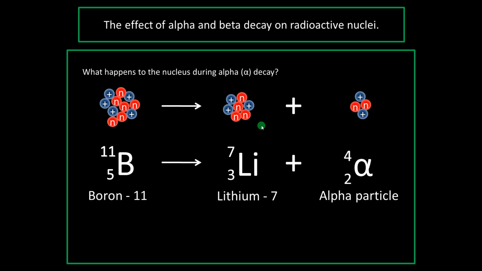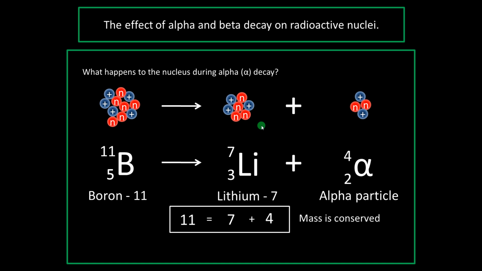And again, it's a bit like in chemistry when you're balancing equations, you've got to make sure that things match up properly on both sides. Now here, we're not talking about matching up numbers of atoms. Here we're talking about matching up, first of all, mass. So the total number of protons and neutrons has to stay the same on both sides. So the 11 over here is made up of the 7 plus the 4.